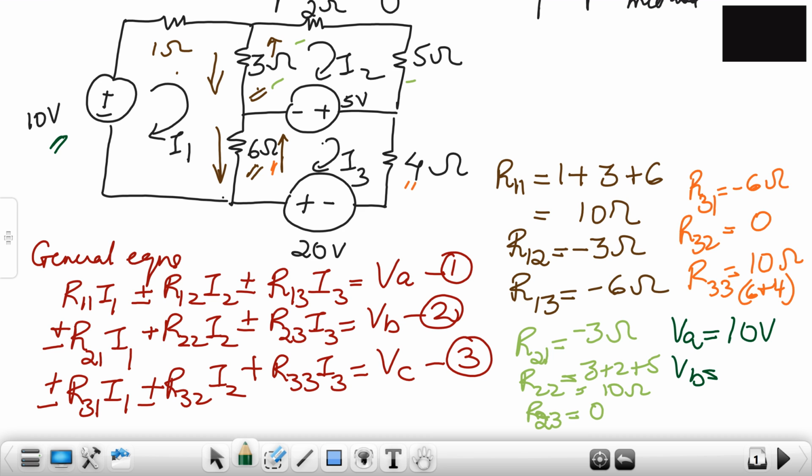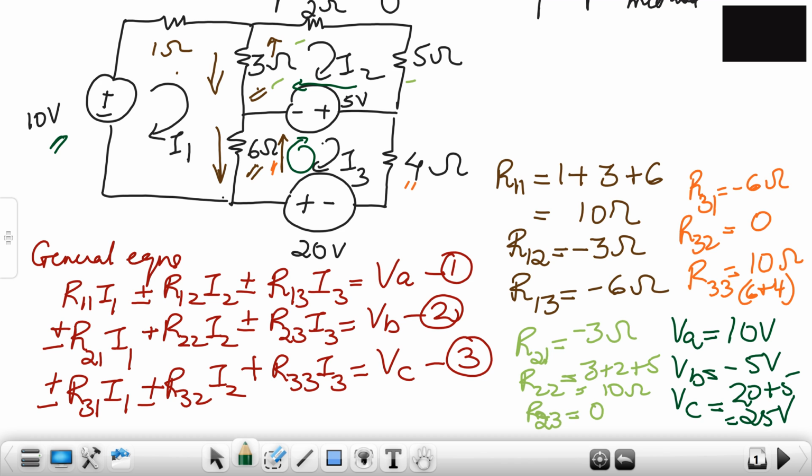Since the direction of current is this way, it is minus 5 volts. And the voltage with respect to loop 3, the direction of current is this way, so it is 20 plus 5, so total is 25 volts.